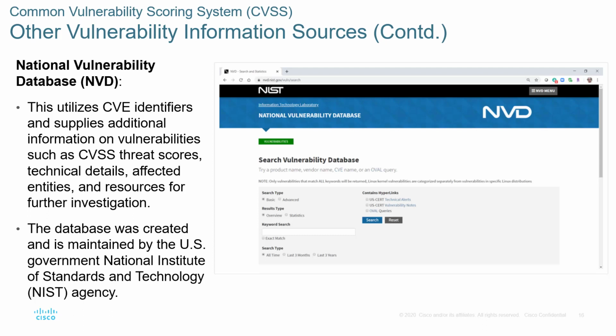This utilizes the CVE identifiers, and they also provide certain score sheets as part of the CVSS, as well as other technical details, affected entities, resources, and things like that. Again, this database is maintained by the U.S. government through NIST, the National Institute of Standards and Technology, so that we can understand what vulnerabilities are out there.